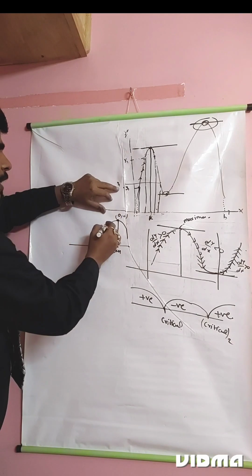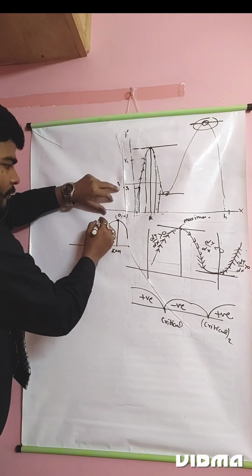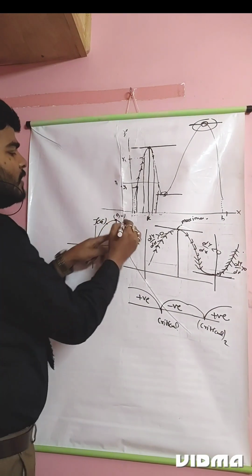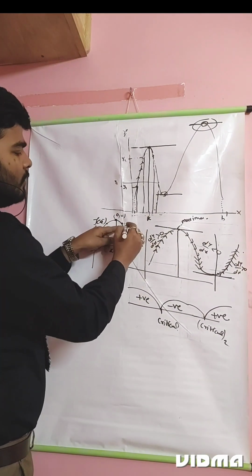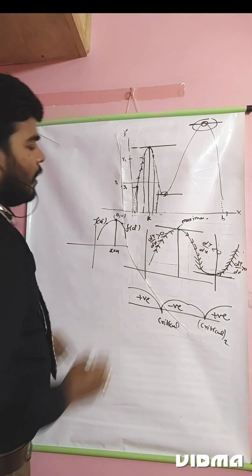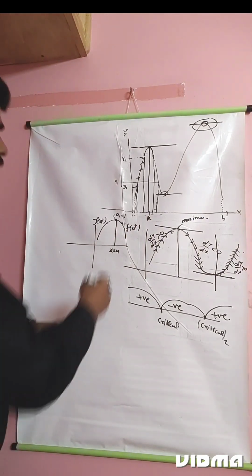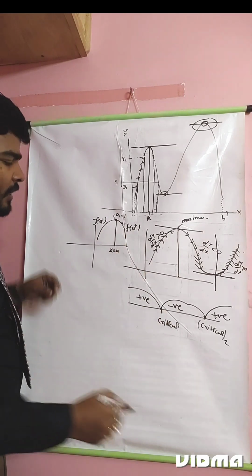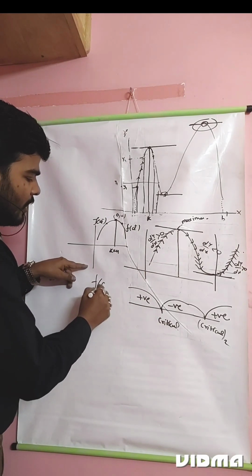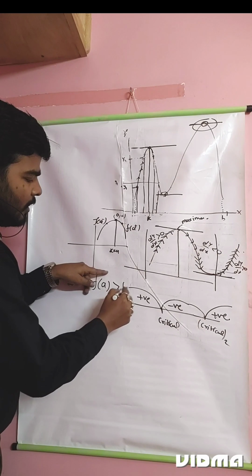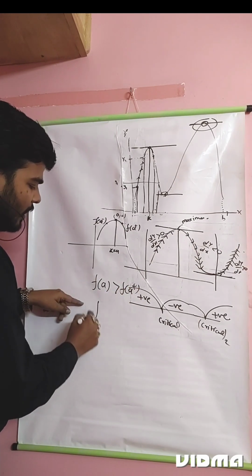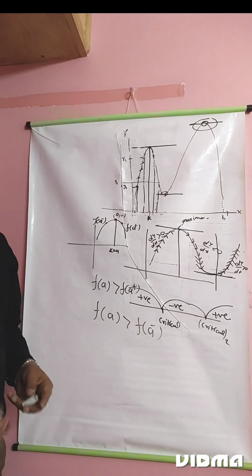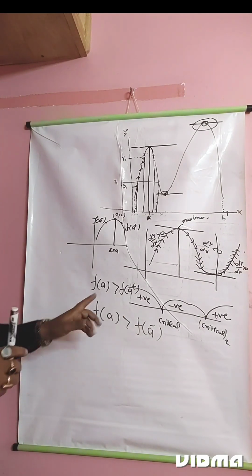That means for all the points before a, f of a minus, and after that, f of a plus, the values are all less than f(a). So if f(x) attains a maximum value at a, then f(a) is greater than f(a+) and f(a) is also greater than f(a-). Got it?